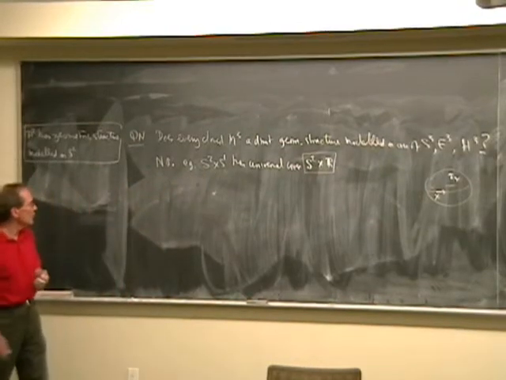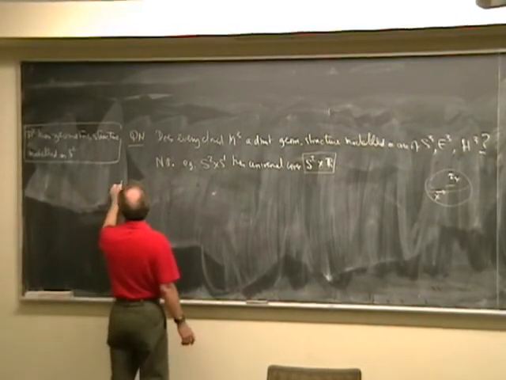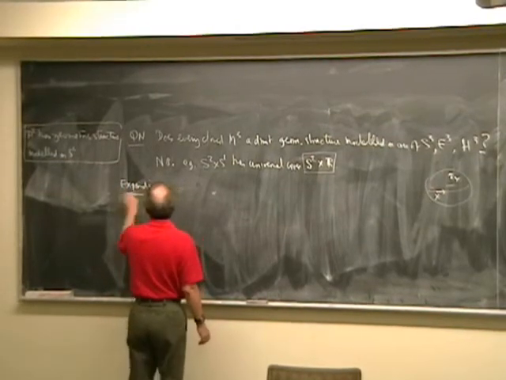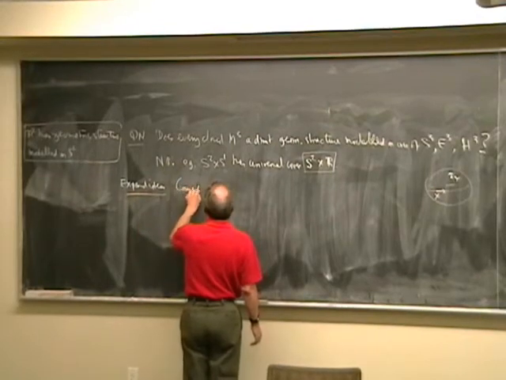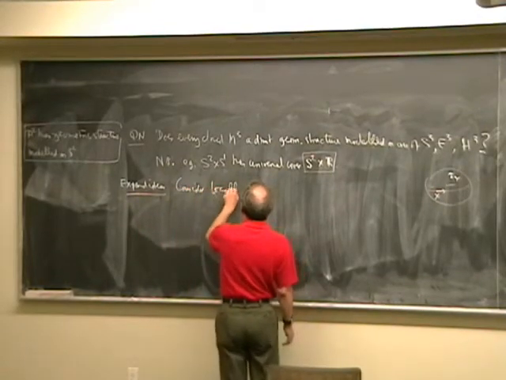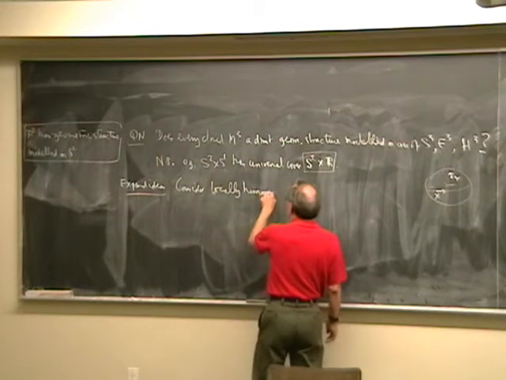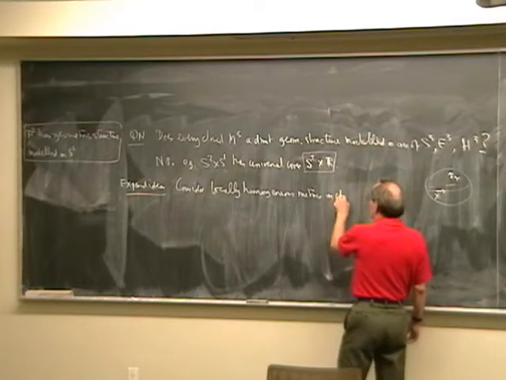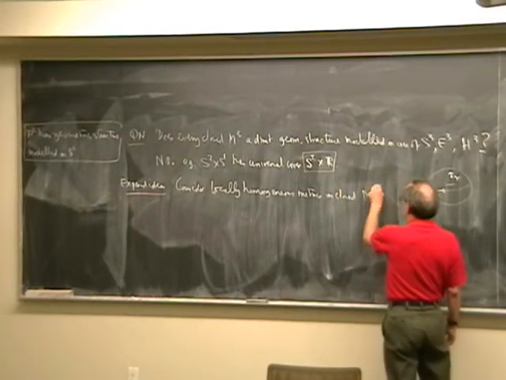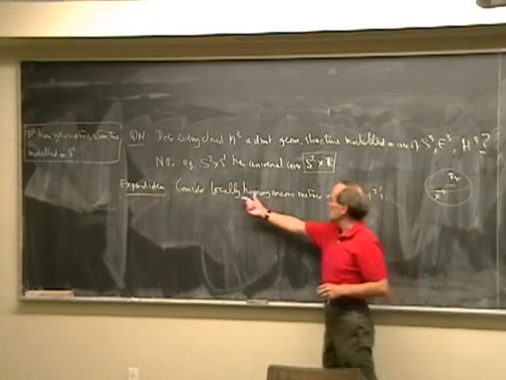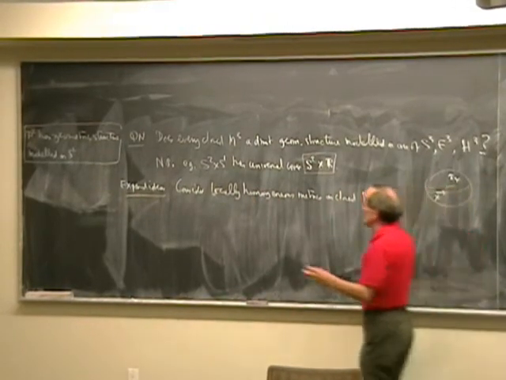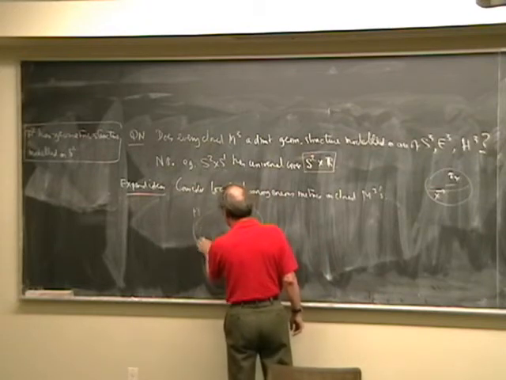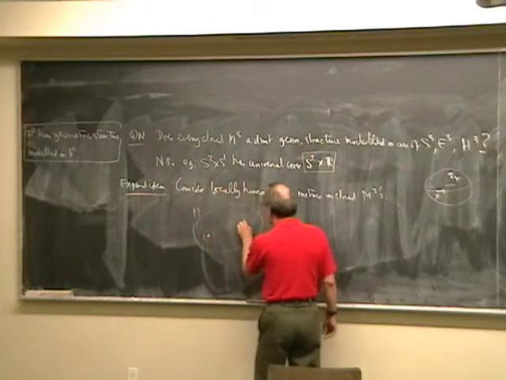But it turns out what you should look for is, so we expand our ideas. We can consider locally homogeneous metrics on closed three-manifolds. What's a locally homogeneous metric? It's a metric such that you've got this big manifold. I take some point, x, and some other point, y.